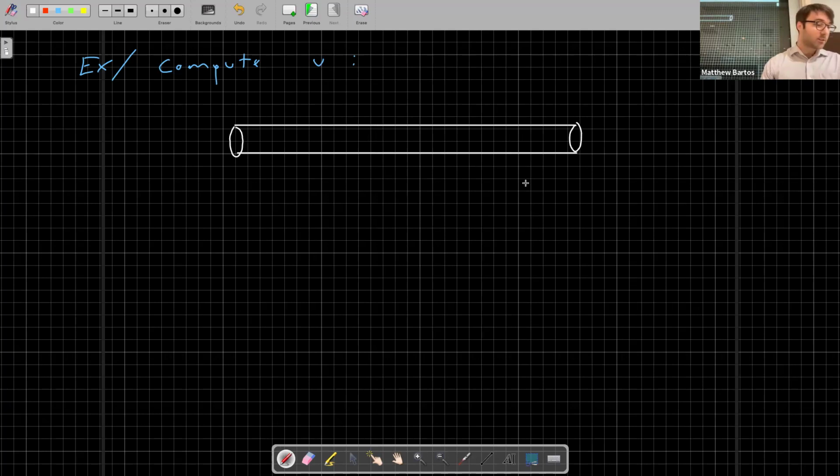There's a discharge of 25 cubic feet per second moving through the pipe. And let's say we know the diameter of the pipe. So the diameter of the pipe, let's say it's just equal to 5 feet. This is a pretty big pipe.